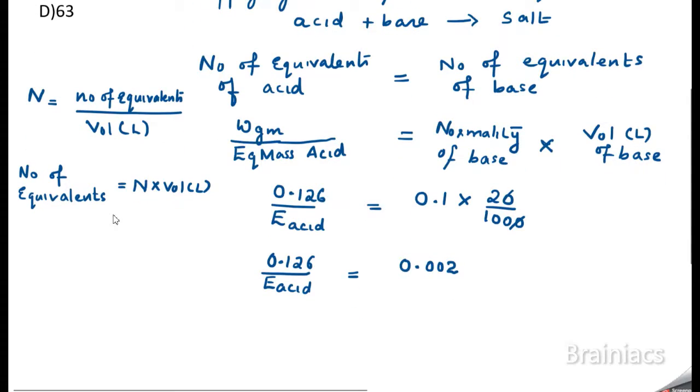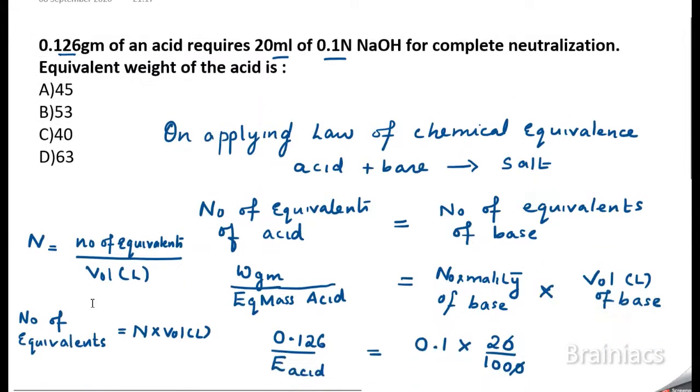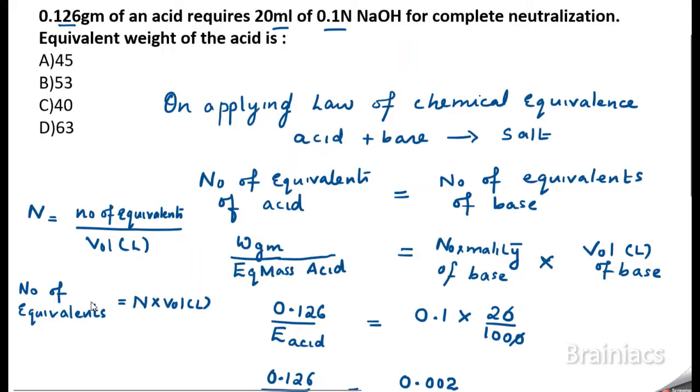So E acid is equal to 0.126 divided by 0.002. So I'm multiplying by 1000 on both numerator and denominator. This will become 126 by 2, and that is equal to 63. Okay, so I got the equivalent weight of the acid. So if you look at the options, what should be the answer here? I can say the answer here is option D, that is 63.